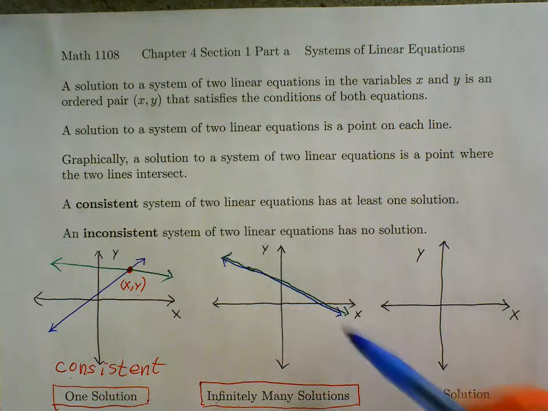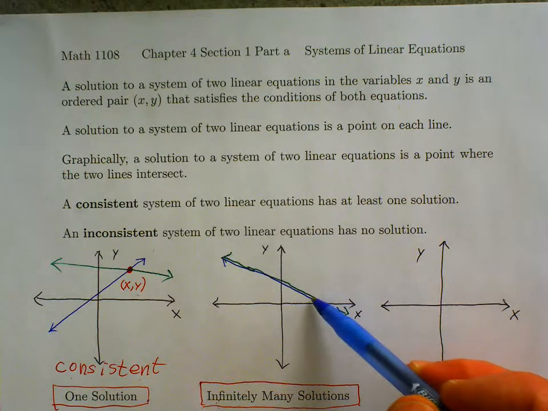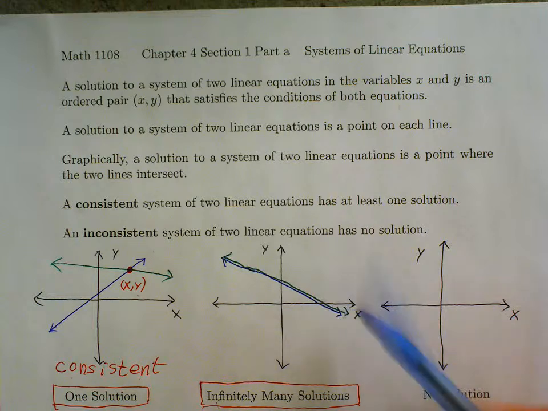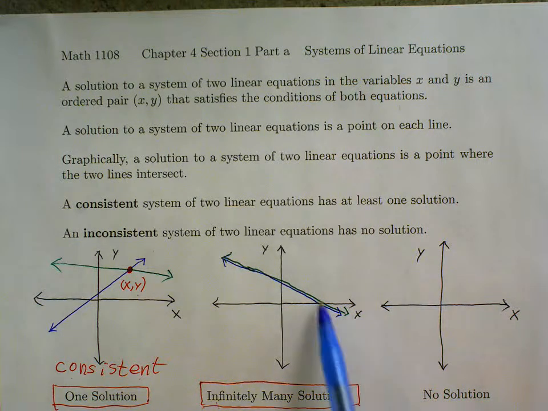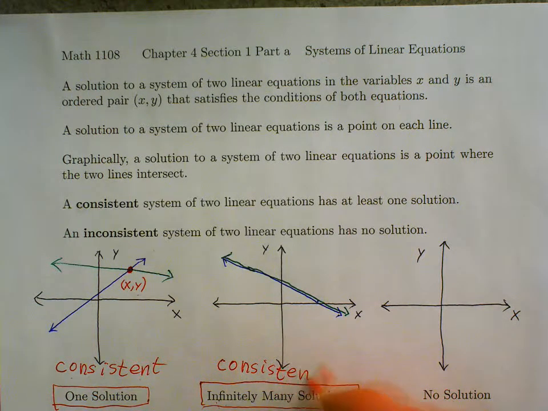So every point on one line is also a point on the other line. So this system has infinitely many solutions. And since it has at least one, it means it's consistent. A consistent system.